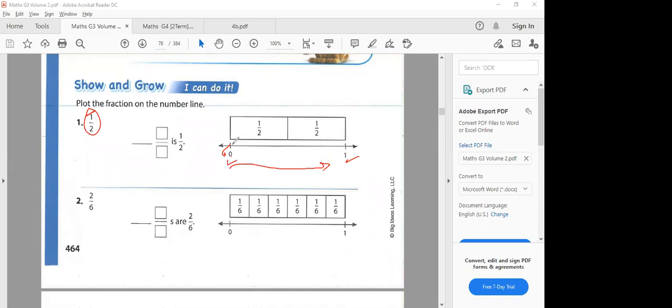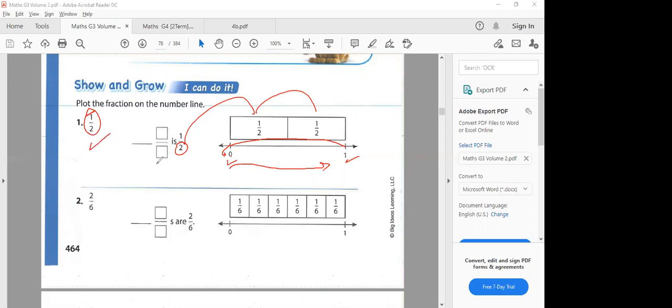The distance between 0 and 1, you will divide into equal parts. But how many equal parts? You have 2 down here. So you divide this distance into 2 equal parts, like this. Each part will be half, 1 over 2.